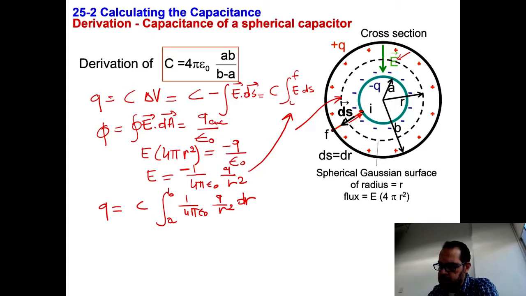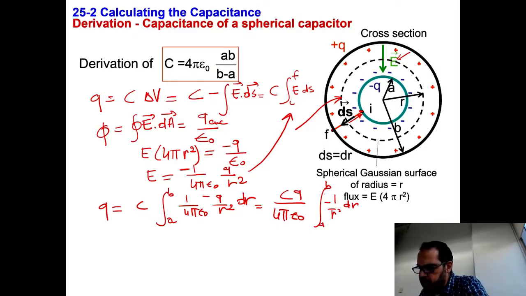Let's take the constant outside of the integral. This becomes equal to, we have a minus sign also, C divided by 4 pi epsilon 0 times Q, and we have the integral of minus 1 over r squared dr from radius A to B. What is the integral of minus 1 over r squared?